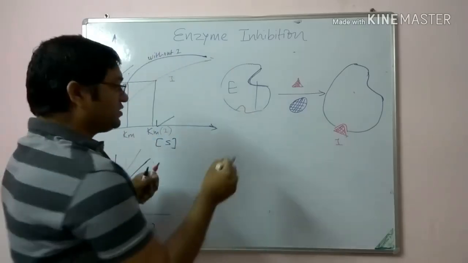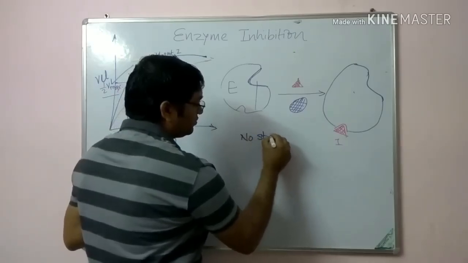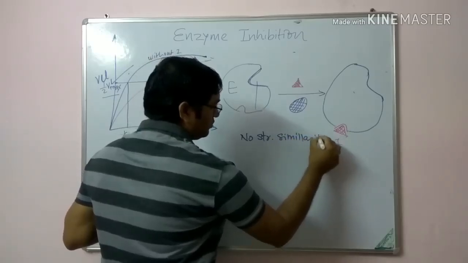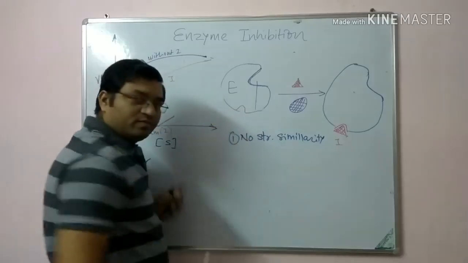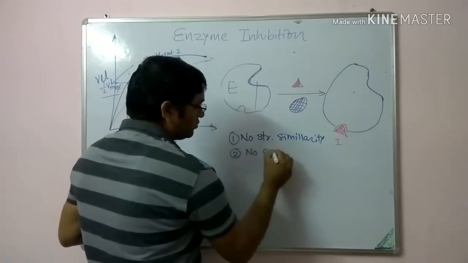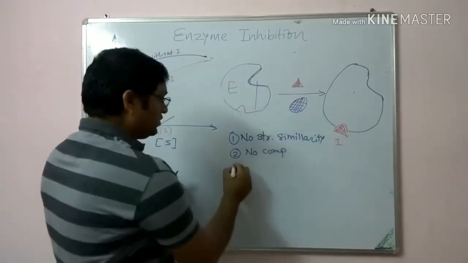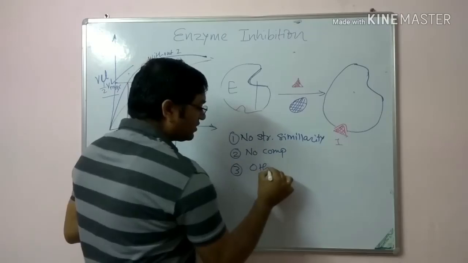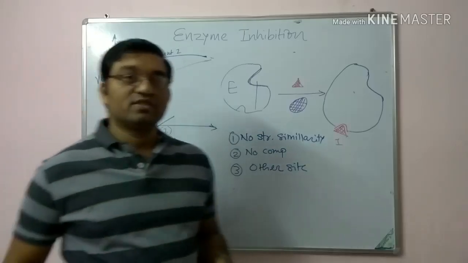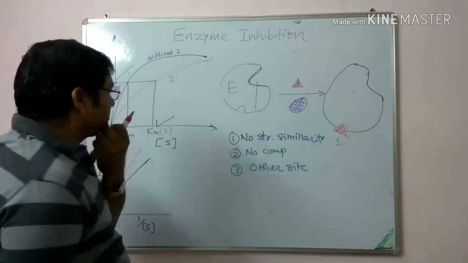In non-competitive inhibition, the first point is there is no structural similarity or resemblance. Second, there is no competition between substrate and inhibitor. It binds to a site other than the active site of an enzyme, bringing about a conformational change in the active site so that the substrate cannot bind with the enzyme.